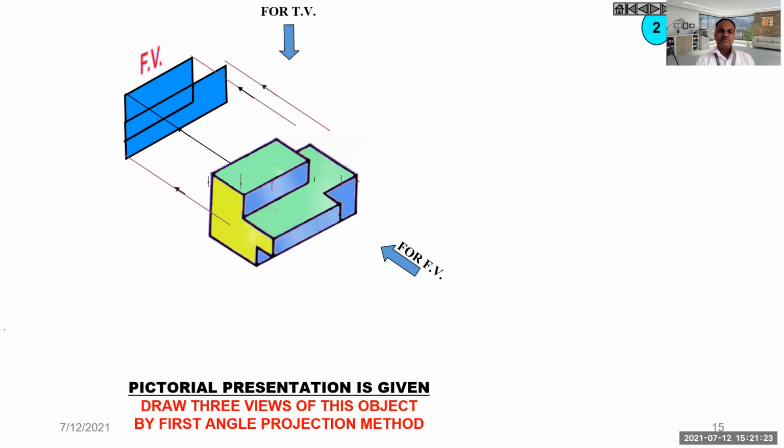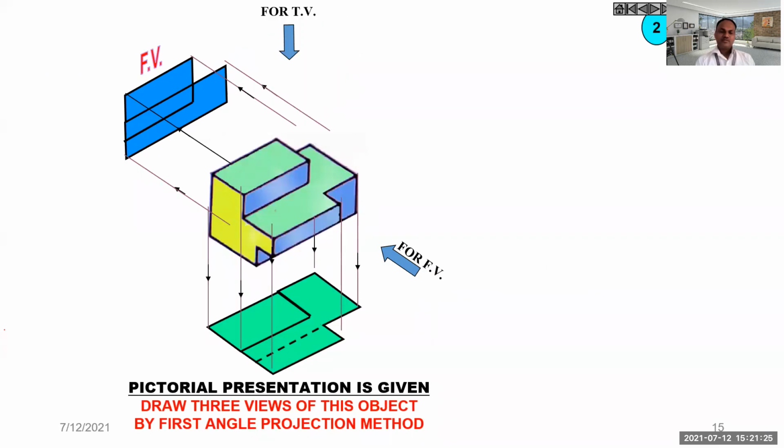Then for the top view, now here you will see this point, this point, this point, but here a dotted line has been shown. Why it is like that, I'm going to tell you. When there is any hidden part, this is a hidden part, so I have shown it by a dotted line. Okay.